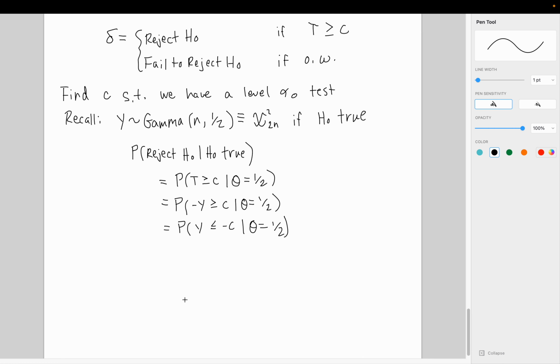And then we want to set this equal to alpha.